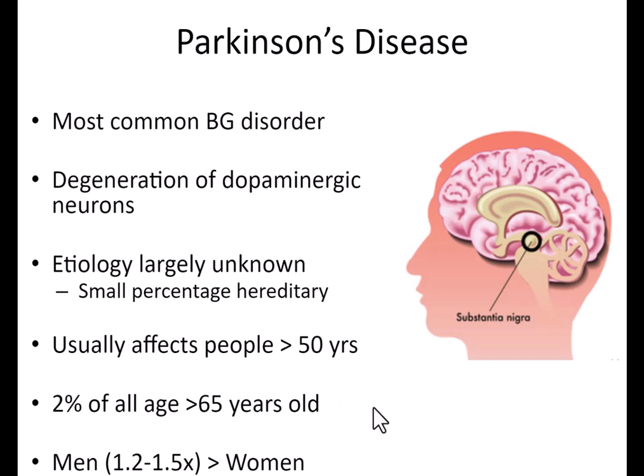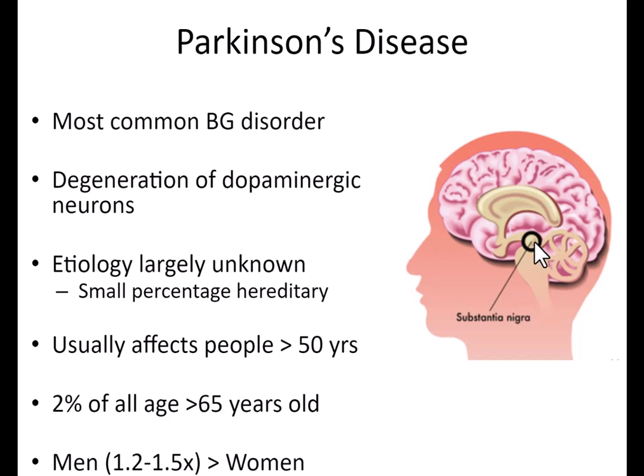First, Parkinson's disease. You should be aware that Parkinson's disease is the most common basal ganglia disorder. As I mentioned previously, it's caused by a degeneration of the dopaminergic neurons present here in the substantia nigra. Nobody really knows what causes it, but it appears that there is a small percentage that is hereditary.